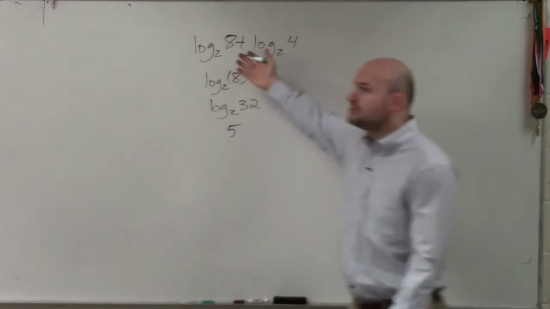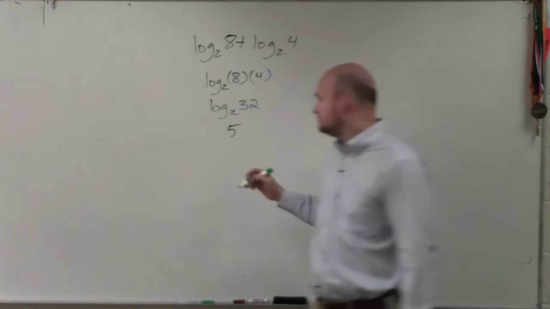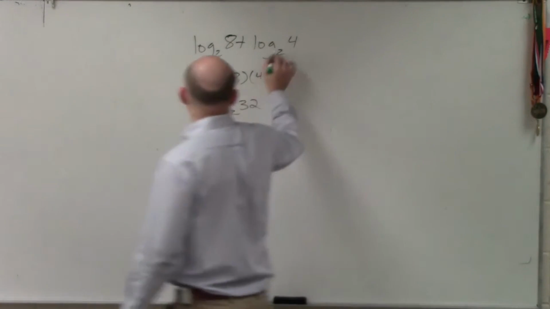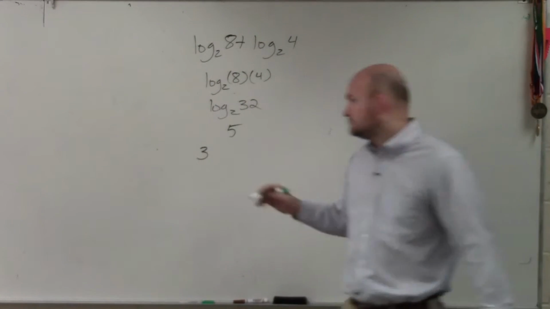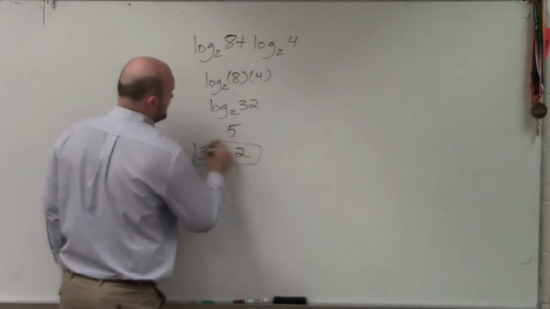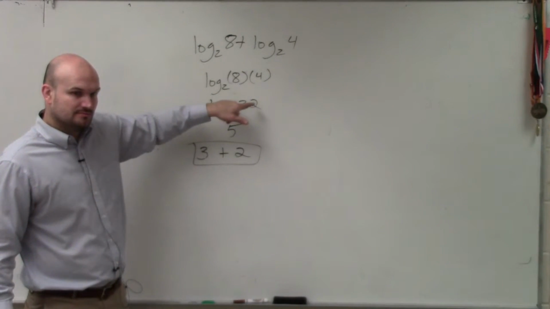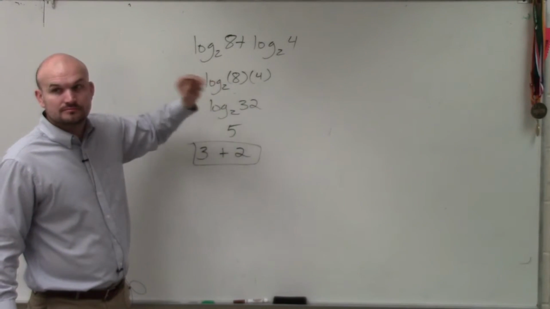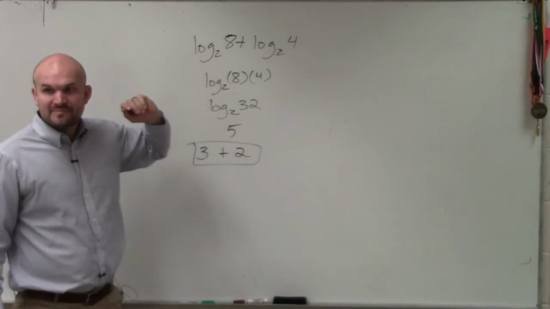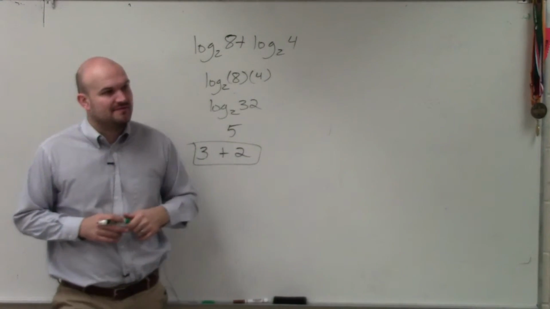You could also evaluate each one separately. 2 raised to what power is 8? 3. 2 raised to what power is 4? 2. So you could do it either way. 2 raised to what power is 32? The answer is 5.